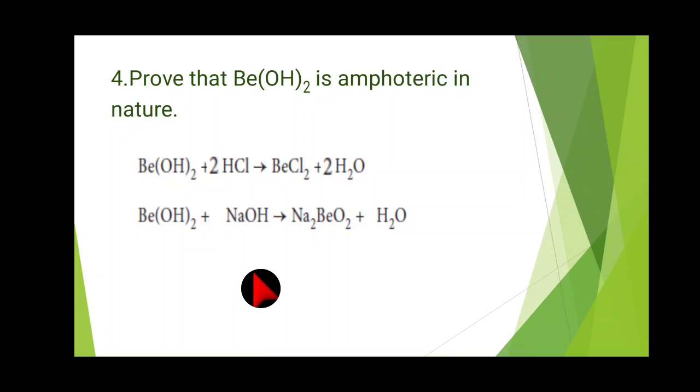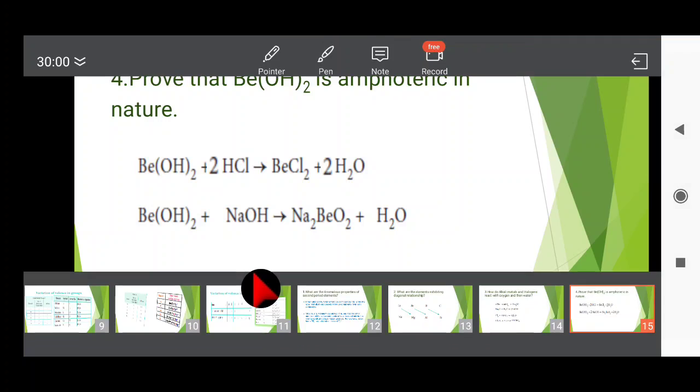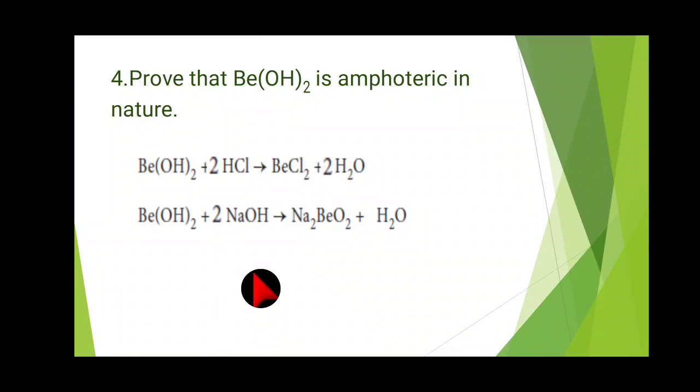First balance sodium. Then hydrogen: on the left side count 2 hydrogen, and beryllium hydroxide has hydrogen 2, so 4 hydrogens. The right side has only 2, so make it 2 H2O. These two equations are balanced.